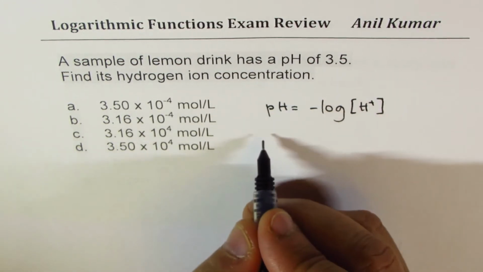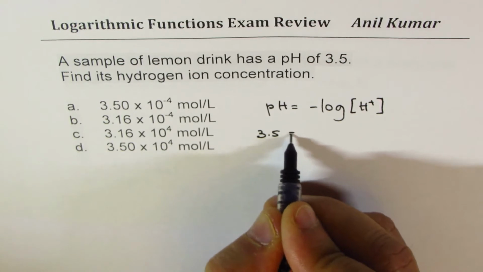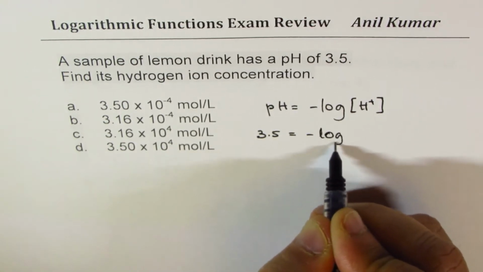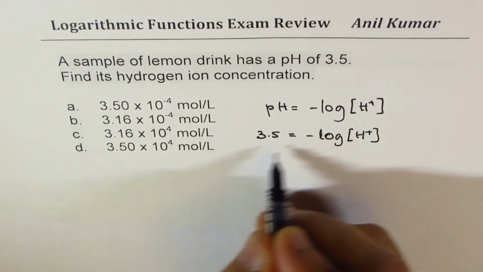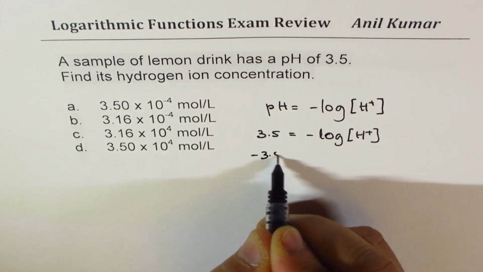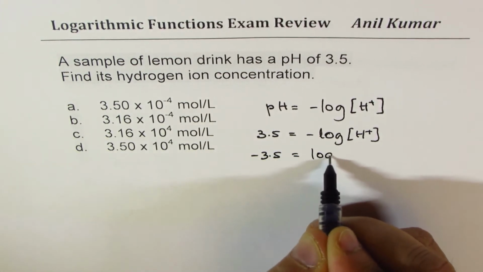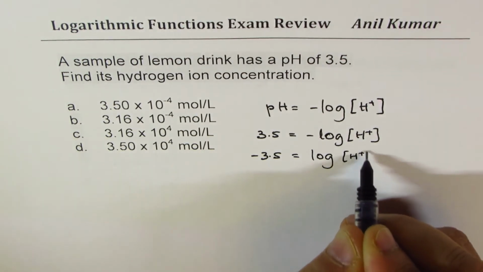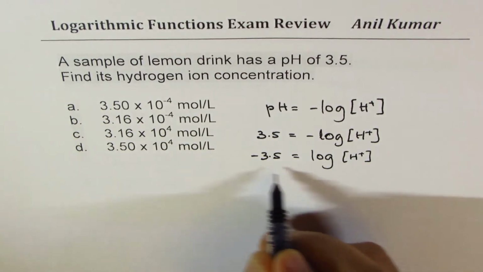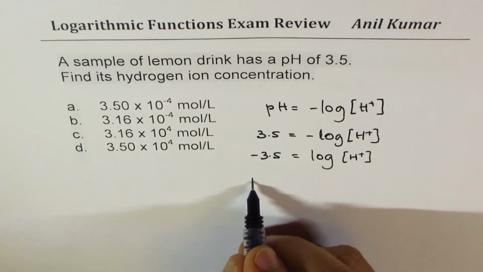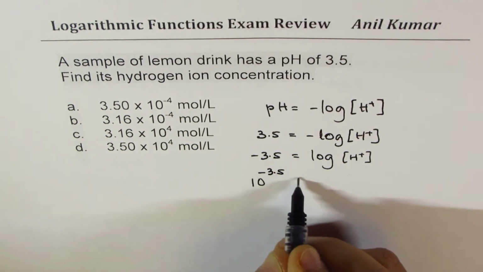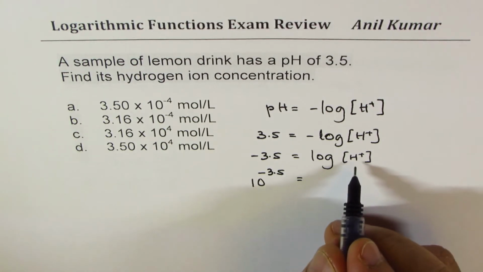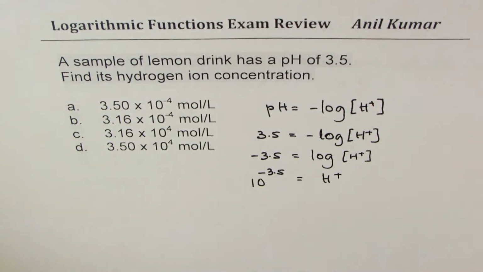So pH is 3.5 given to us, equal to minus log of hydrogen ion concentration. So let's take it this side. So it's just minus 3.5 equals log of hydrogen ion concentration. This is to the base 10. So we could write this as an exponential equation. 10 to the power of minus 3.5 is equal to the hydrogen ion concentration, correct?